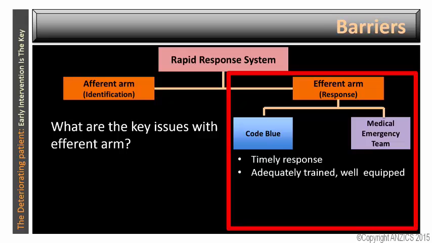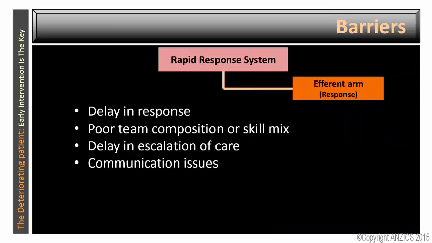So what about the barriers in the efferent arm? The main thing is the delay in the response. The delay in the response can be because there are multiple concurrent METs going on in the hospital, and you have to send the junior-most team, which again needs quite a bit of coordination as well.